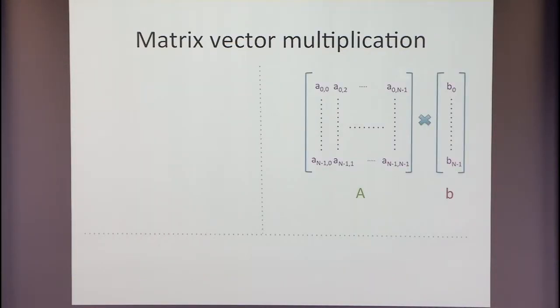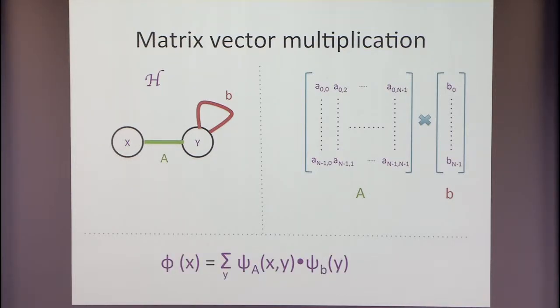All right, so let's do matrix vector multiplication. I'm assuming everyone here knows. The way to think about the hypergraph is that here you have just two variables, now I'm calling them x and y. The matrix corresponds to the edge xy, and the vector corresponds to the self-loop, b. Now if you represent it as a FAQ, it's basically the form we have seen.